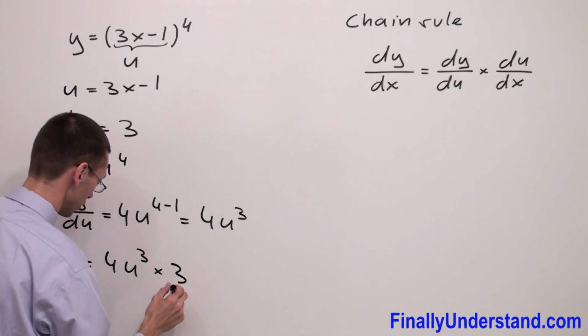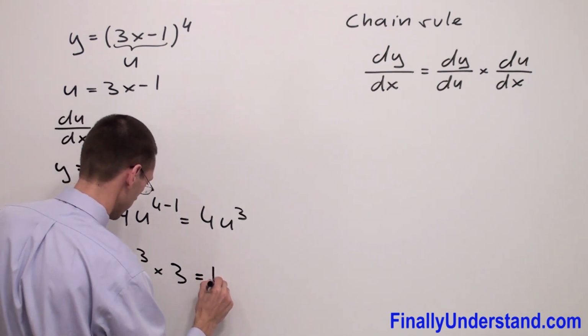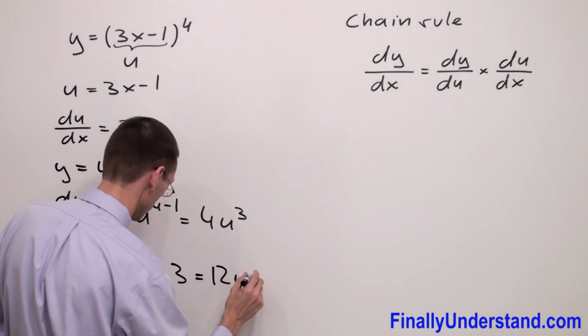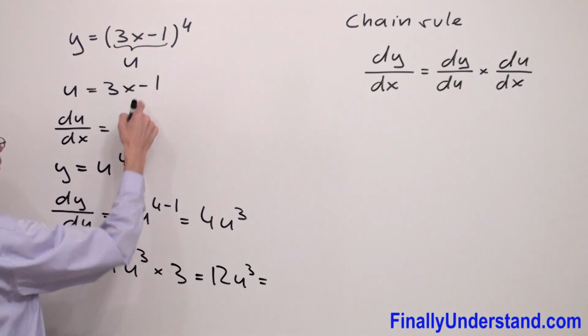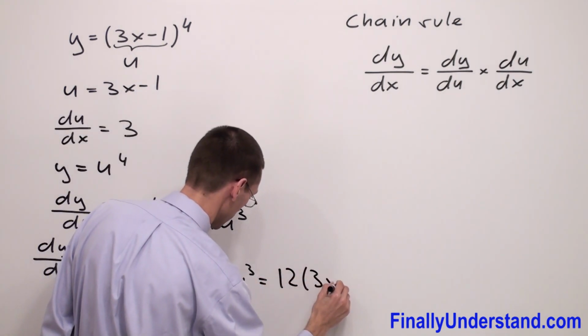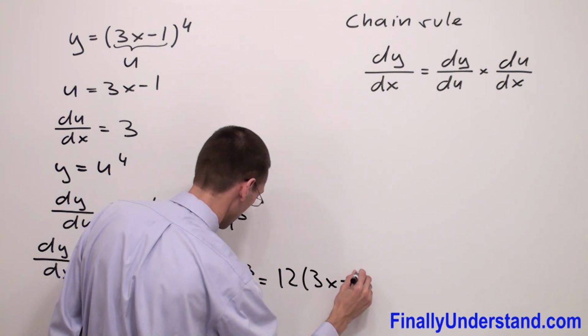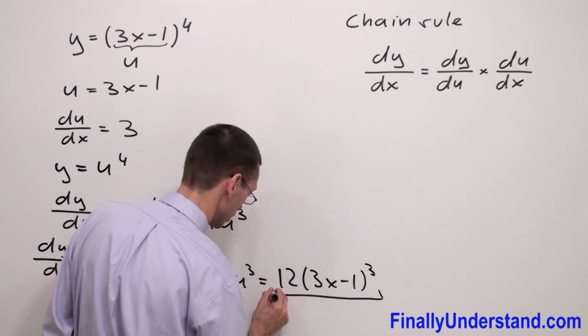Okay, so 3 times 4 is equal to 12, u to the 3rd power. And we said that u is equal to 3x minus 1. So this is equal to 12 times (3x minus 1) to the 3rd power. And this is the solution to my problem.